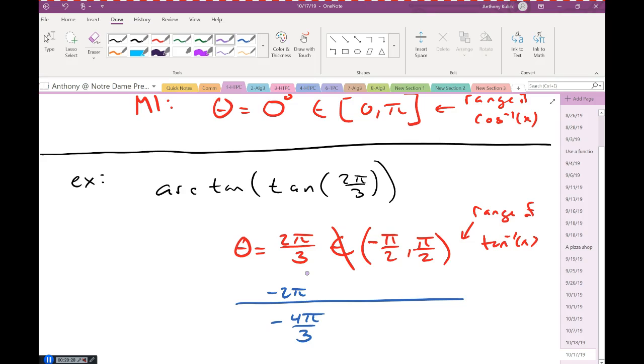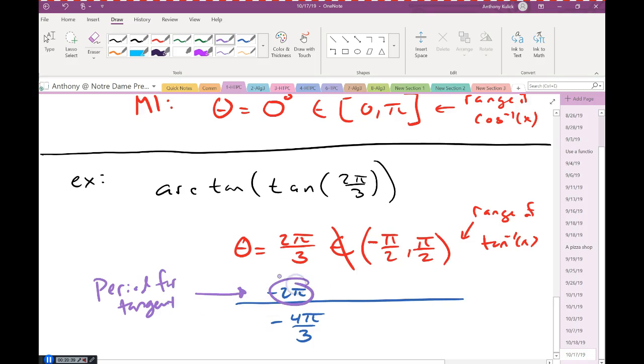So what's the period for tangent? Pi. What did we subtract by? 2 pi. So, again, that was tricky, right?